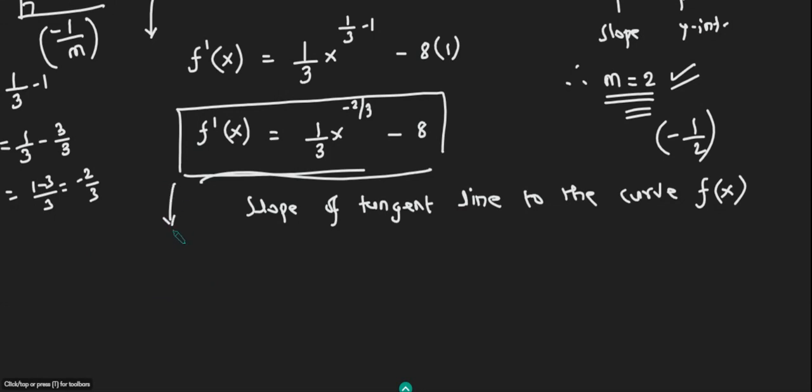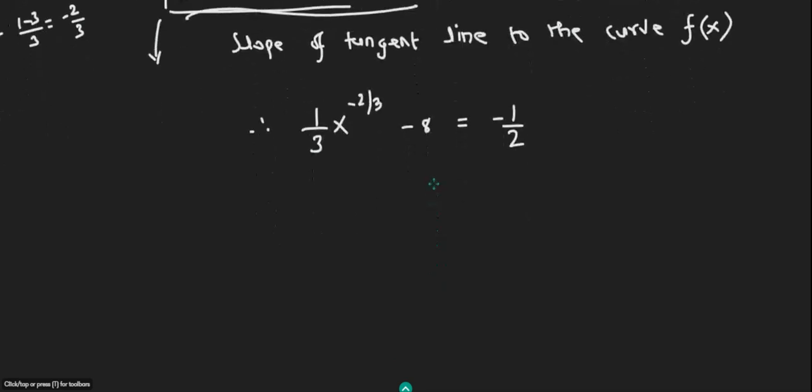So therefore, we say that 1/3 x raised to the power of negative 2/3 minus 8 is the slope of the tangent line, and this equals negative half, because this tangent line is perpendicular to the given line. Therefore, the slope of the tangent line should be the negative reciprocal of the slope of the given line. So from this equation, we can solve for x.